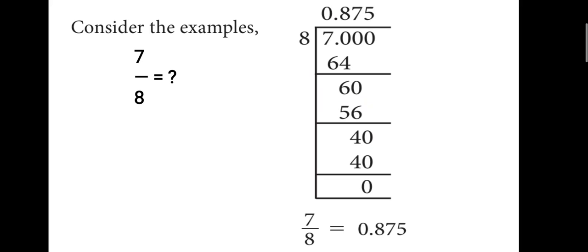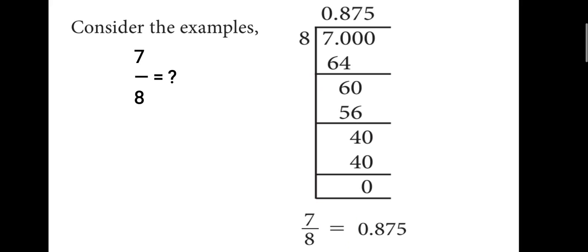In 60, 7 8s are there, so 7 8s are 56, and remainder 4. Carry the next 0, 40. In the 40, how many 8s are there? 5 8s are 40, and the remainder is 0.